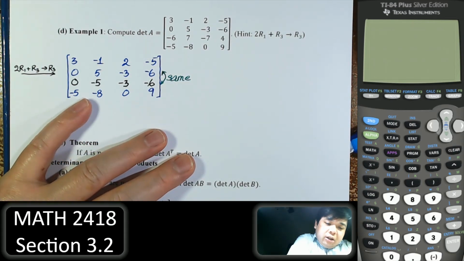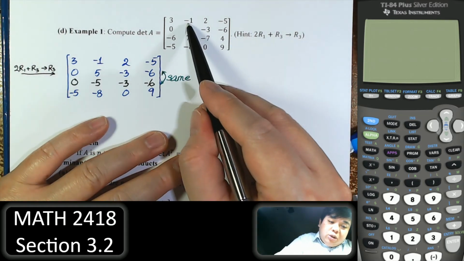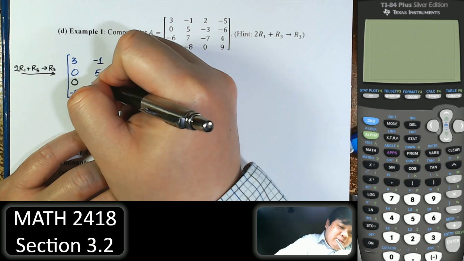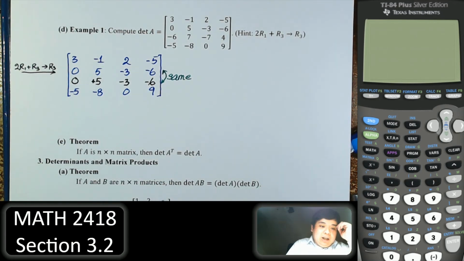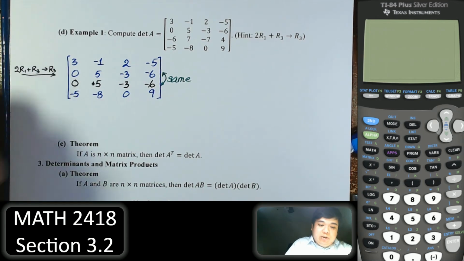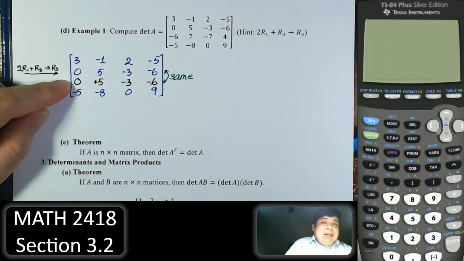Do we? Because I did that differently. 2 times negative 2, that should be plus 5. Actually, they do equal, right? So these two rows are equal. So that means these two rows are not linearly independent.